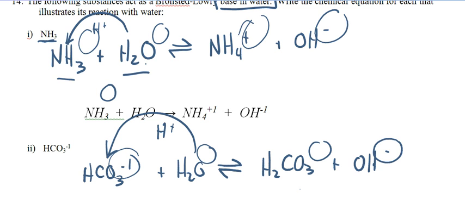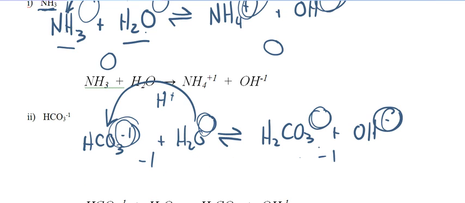On the right side I have a +1 minus 1, which equals no charge. So that equation's good. In this equation I have a -1 charge plus no charge equals -1. Here I have no charge plus a -1 equals a -1. So the charges have to be the same on both sides when you finish with the problem.